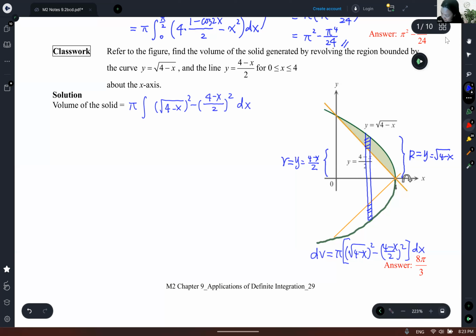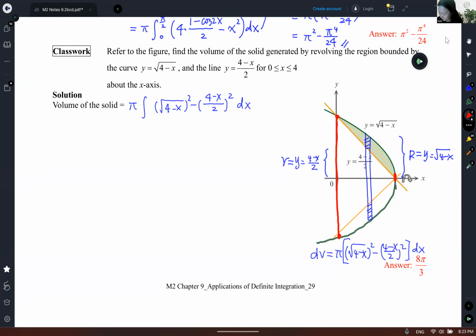From the left piece, now here the left piece is a huge circle, and the right piece is a very small one. So the left one is 0, and the right-hand side is 4. And then simplify.